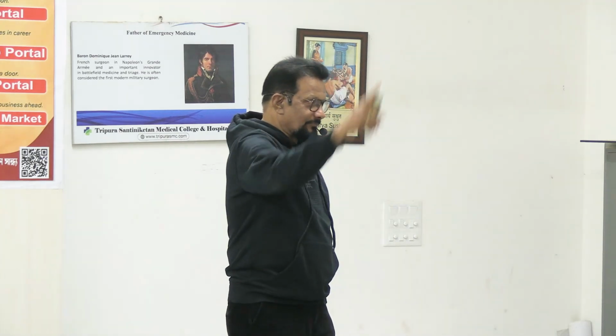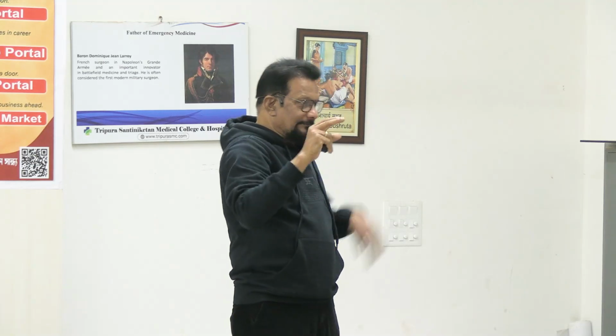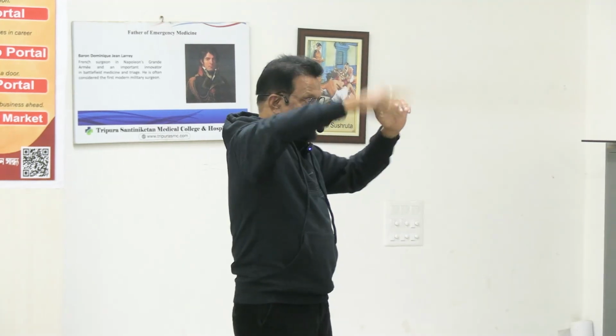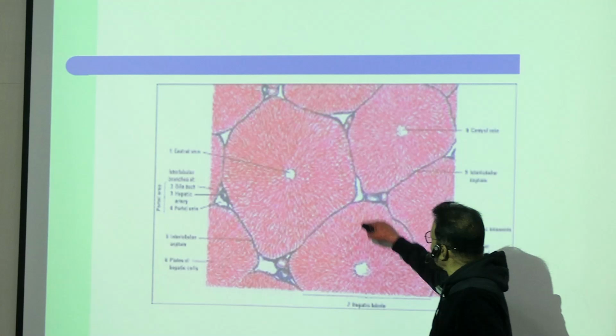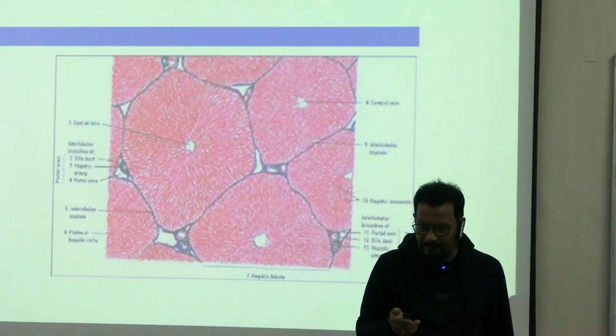There is a wheel, in the wheel there are spokes. So that way the hepatic cells are arranged like radiating columns. Okay? So here I can see the radiating columns, isn't it? They are arranged like this. More minutely we will see.